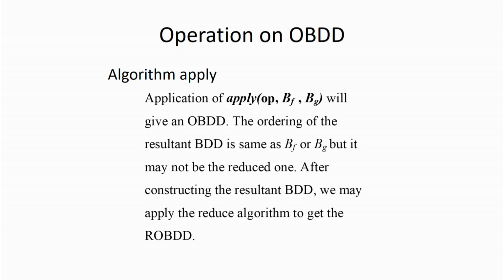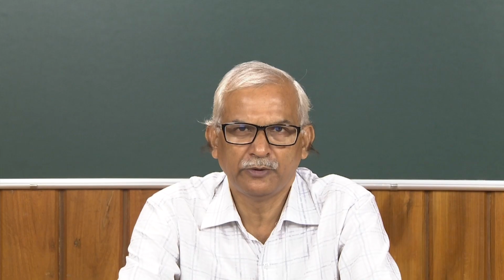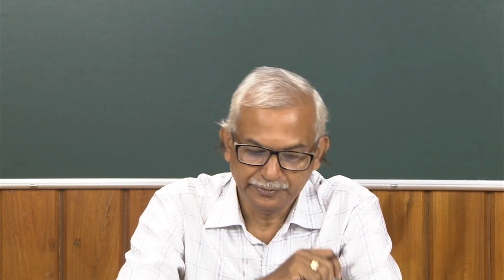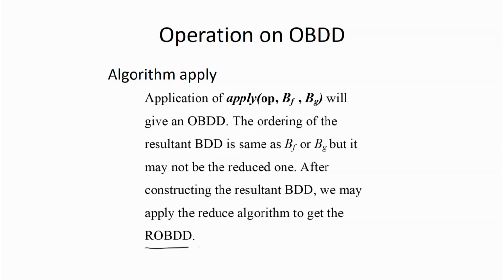This resultant BDD will also have the same variable ordering as we have for Bf and Bg, but the resultant BDD may not be an ROBDD. So, we are talking about the ordered BDD, or I can talk about ROBDD.